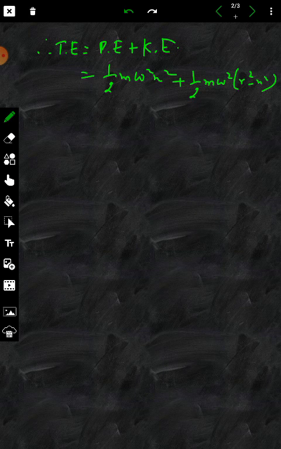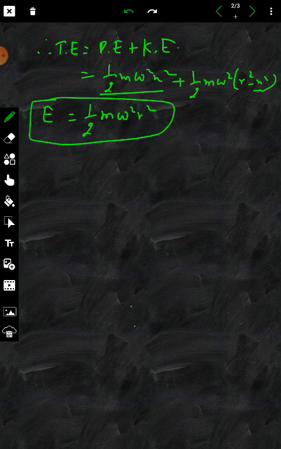Whenever we simplify, we get the total energy to be half m omega square r square. The x square terms cancel out, so we are left with only this expression for the total energy.